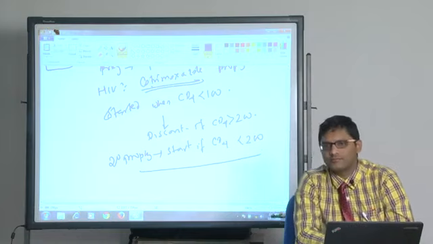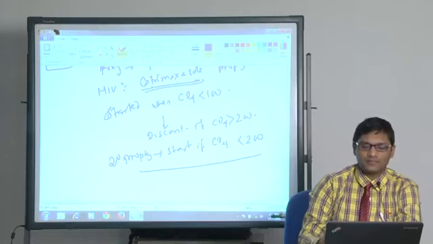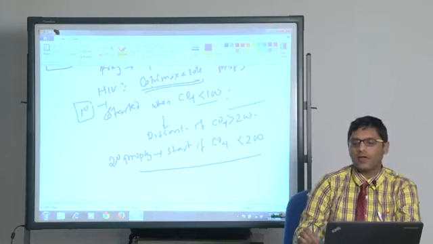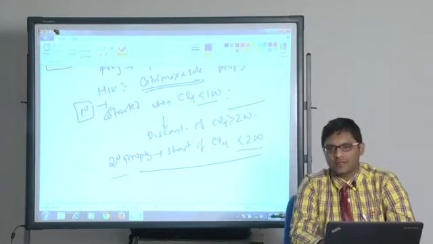This is the guideline you have to follow. Primary prophylaxis starts below 100, is discontinued above 200, and when it falls below 200 again, secondary prophylaxis is started.